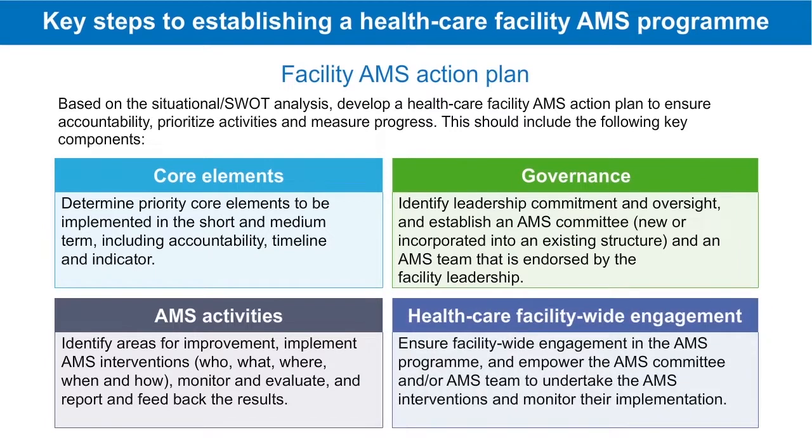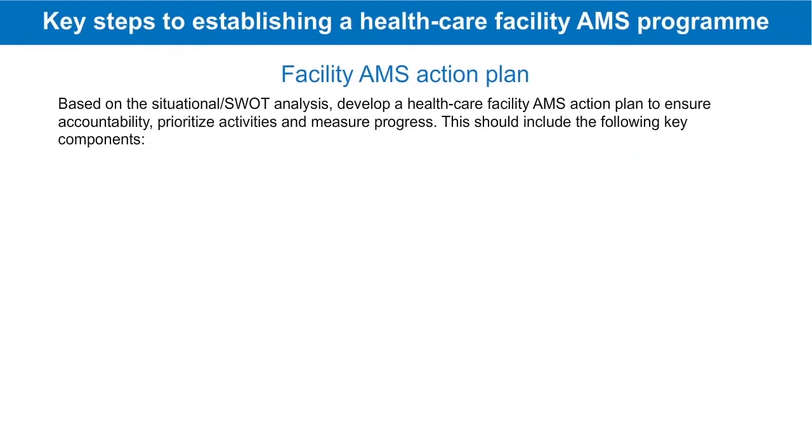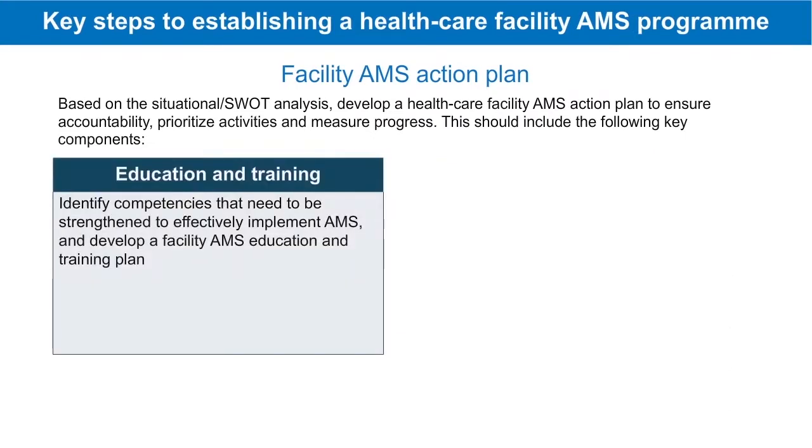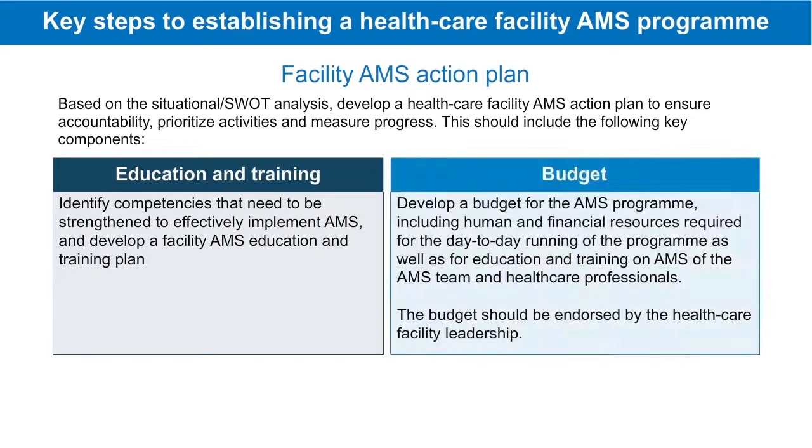Ensure facility-wide engagement in the AMS program. Education and training to strengthen key competencies for effective AMS implementation. A budget for the AMS program including human and financial resources. Next, we'll take a closer look at AMS governance structures and human resources.